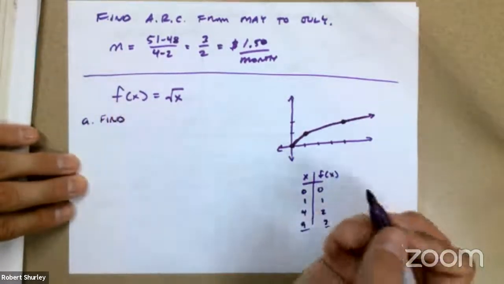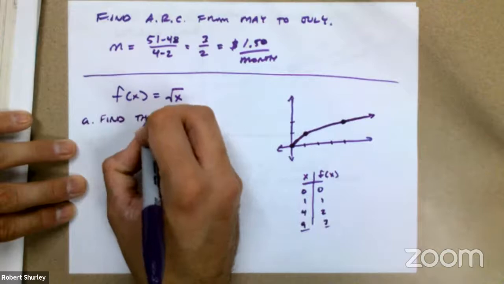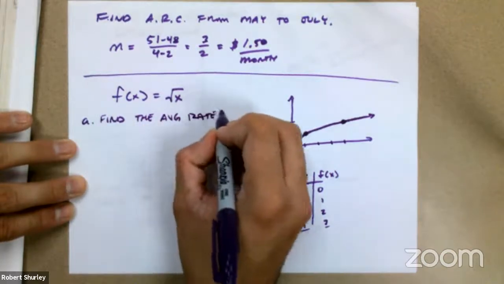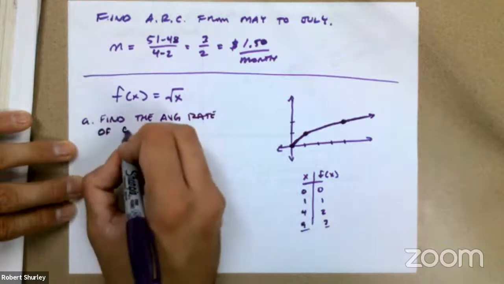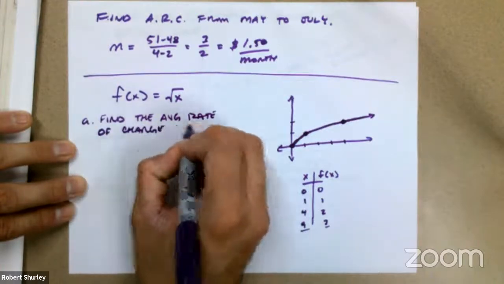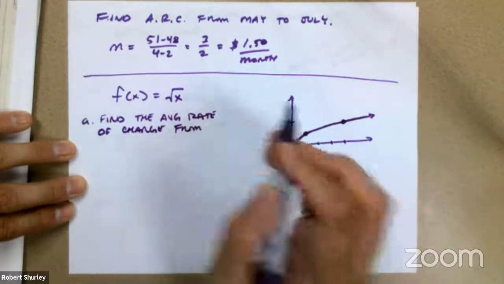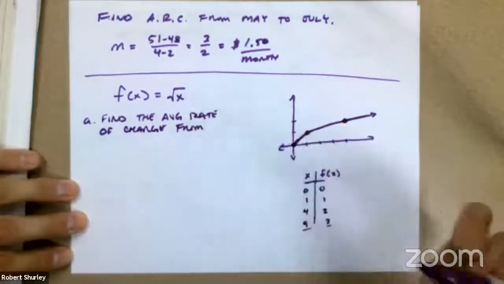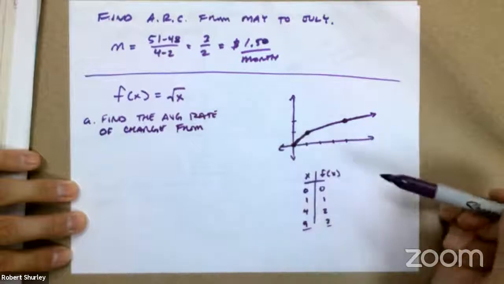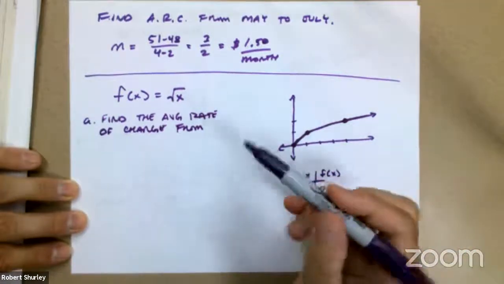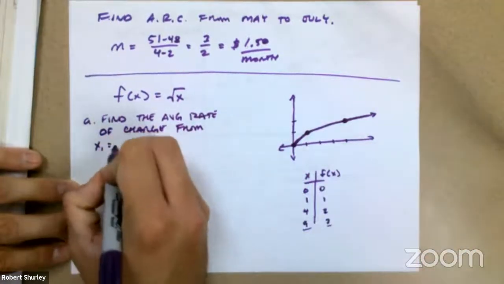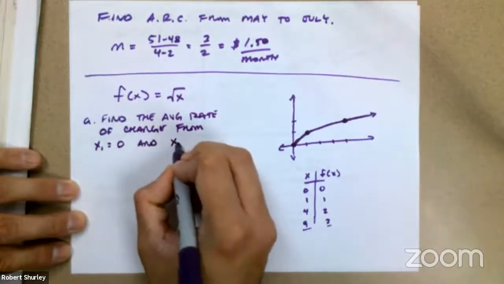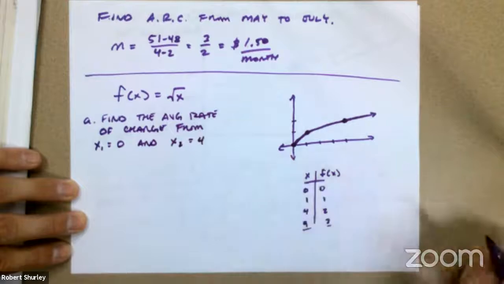Find, and this is how the book asks it too, the average rate of change from, and now look, for this example, you have to be given 2 x values, okay? I'm going to say x1 equals 0 and x2 equals 4.